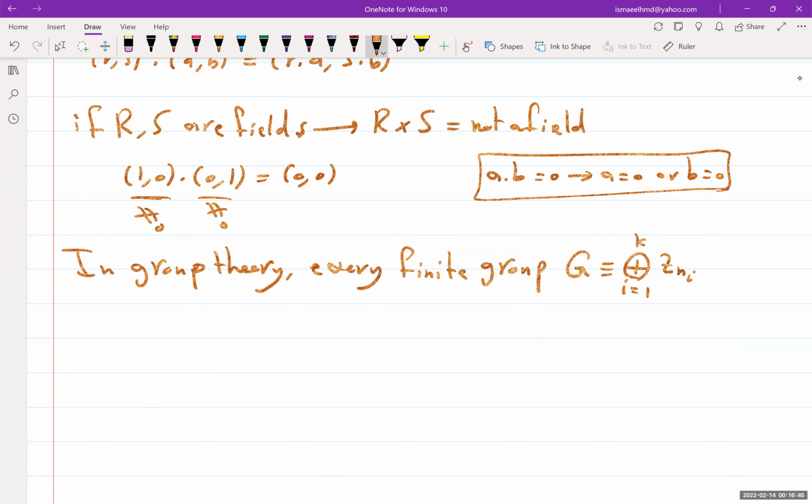That means G is the direct sum or direct product of the Z_{n_i}.